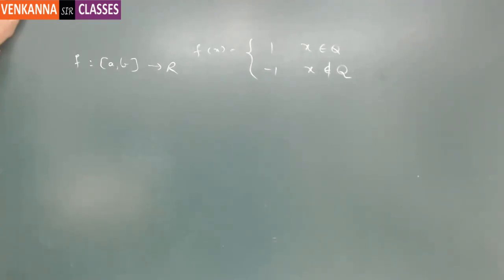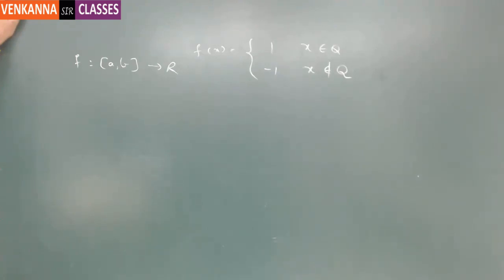So here also we are going to verify whether the function is Riemann integrable on closed [a, b] or not, using the definition of Riemann integrable. Please take a note of the problem.